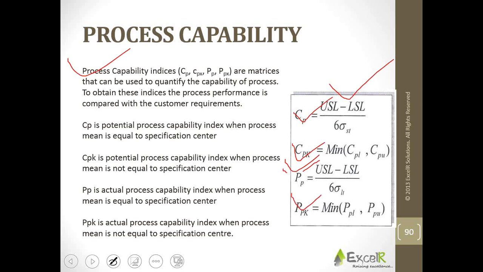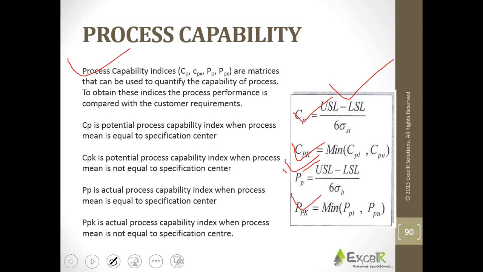These 4 are called capability indices, right? They are metrics that can be used to quantify the capability of a process. To obtain these indices, the process performance is compared with the customer requirements.